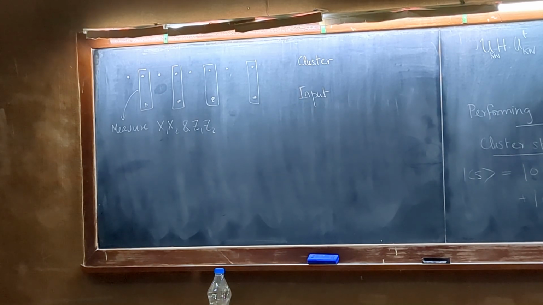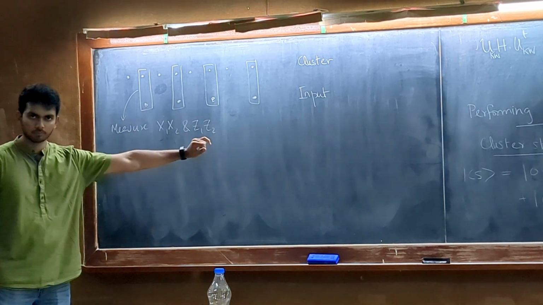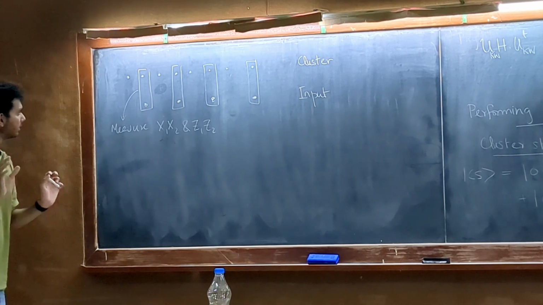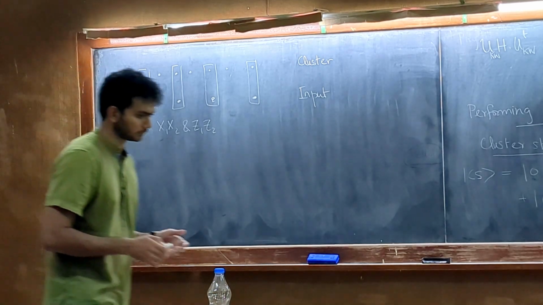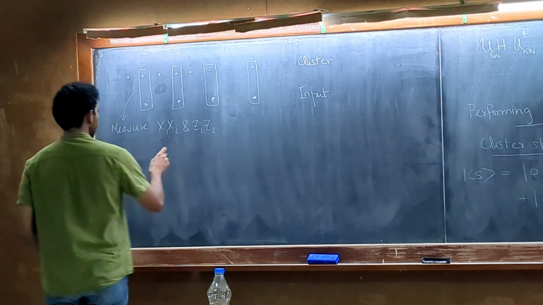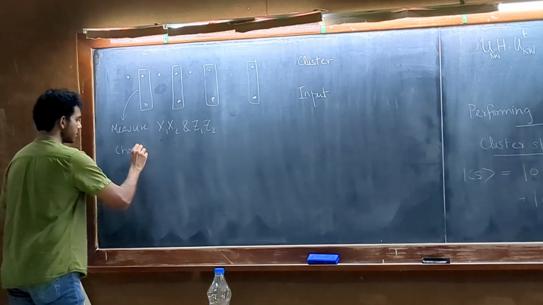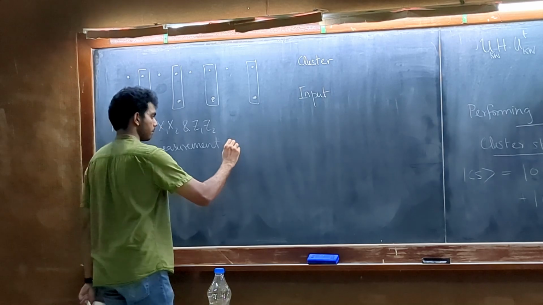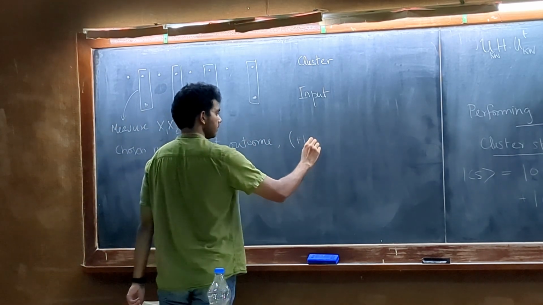I will work out the case where in all of the measurements, I get the +1 eigenvalue. I'll comment about the general measurement outcome case at the end, but if you want, you can work that out on your own. So I choose the measurement outcome +1, +1.